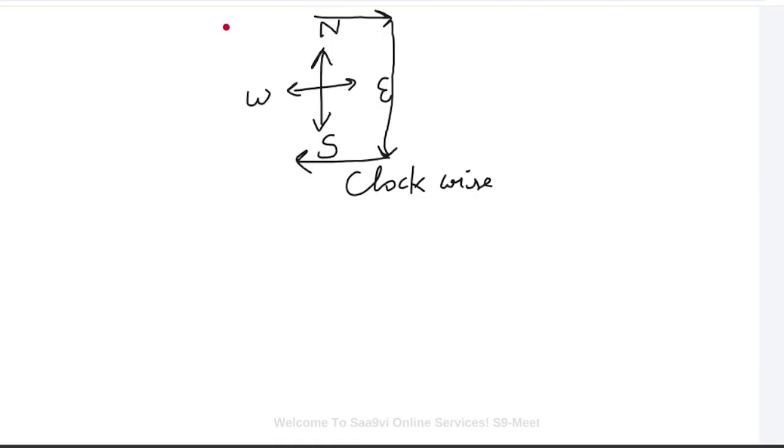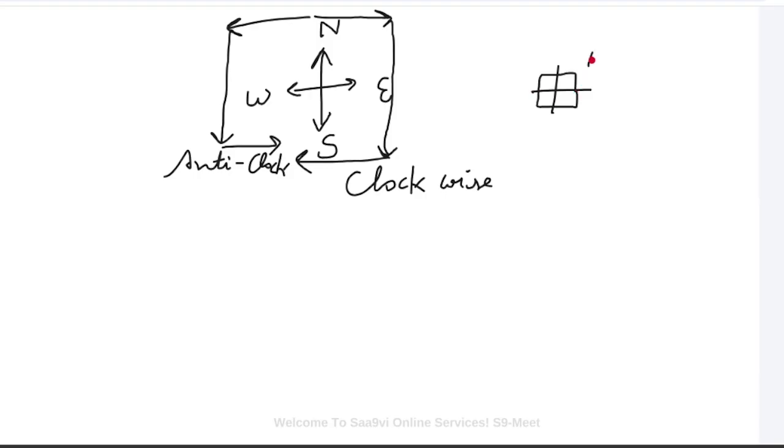But if I move in the opposite direction, this is anti-clockwise, right? Now we know there are four quadrants. First quadrant 90 degrees, second 180, third 270, and fourth 360 degrees.